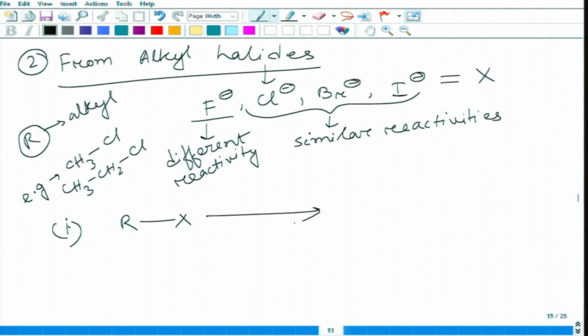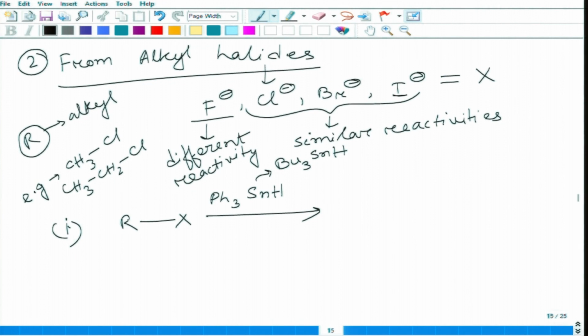So, there is one reducing agent, that is Ph3SnH. There are other variations also like Bu3SnH. These are reducing agents, and this is a strong reducing agent.